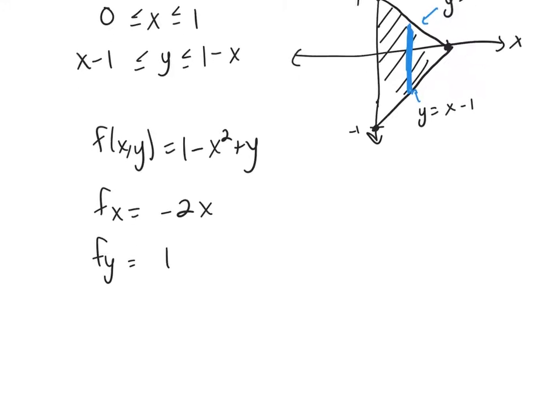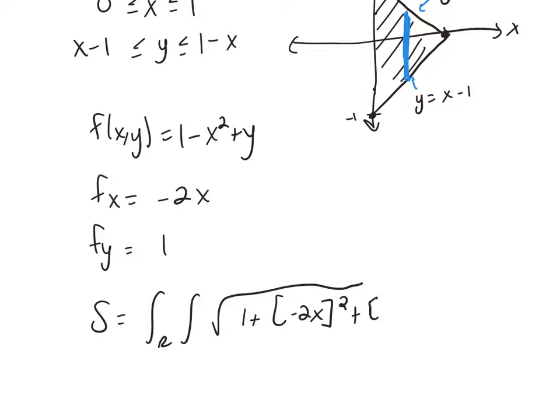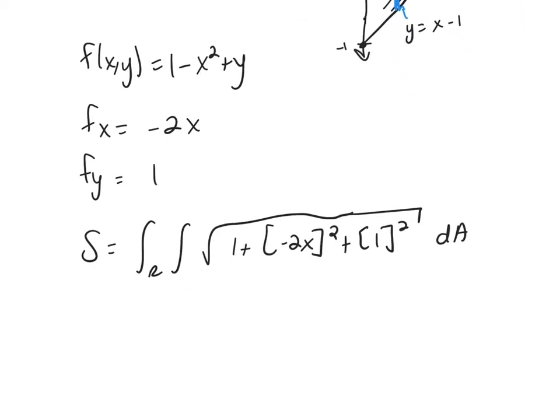So when I plug these into my surface area formula, the integral over the region R of the square root of 1 plus (negative 2x) squared plus 1 squared, you're getting S, the double integral over R of the square root of 2 plus 4x squared.